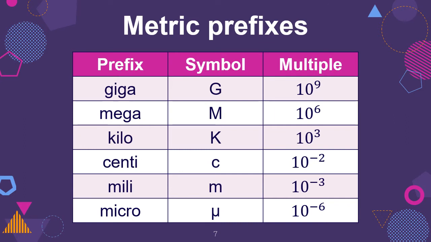Next, we have milli. The symbol of this is m, and we have 10 raised to negative 3. And we have micro. As you can see, the symbol of micro looks like this, and the multiple of this is 10 raised to the negative 6.